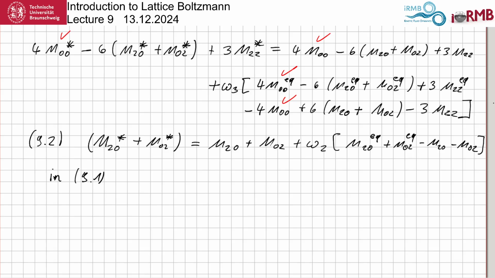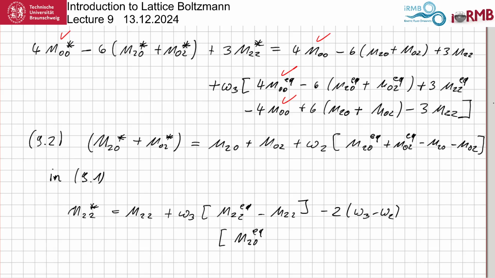We plug it in and resolve for m22 after collision, which is equal to m22 before collision plus omega 3 times m22 equilibrium minus m22 before collision, minus, now comes something strange, 2 times omega 3 minus omega 2, times m20 equilibrium plus m02 equilibrium minus m20 minus m02.